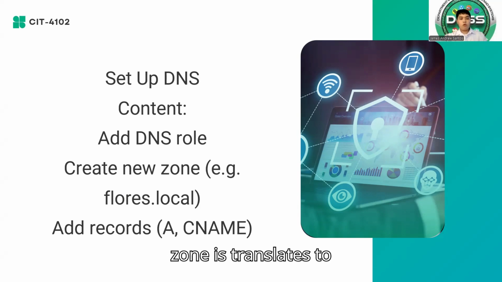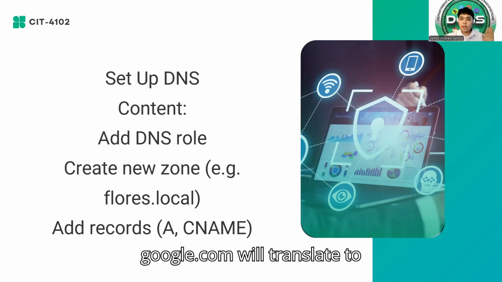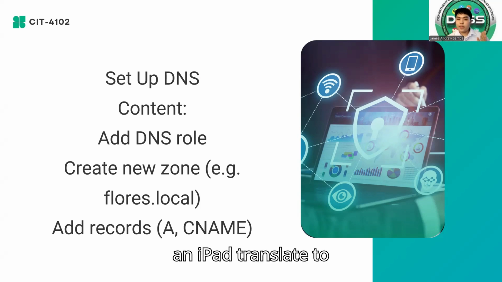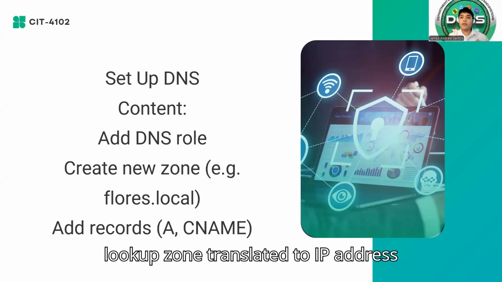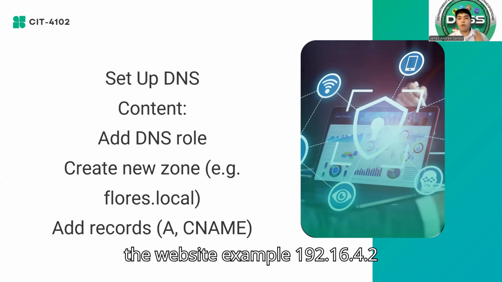The forward lookup zone translates a domain into an IP address. For example, google.com will translate to 192.168.4.2. The reverse lookup zone translates an IP address to the name of the website. For example, 192.168.4.2 translates to google.com.